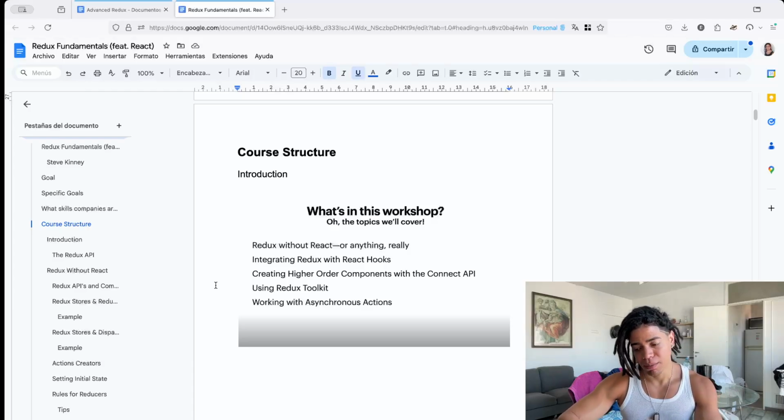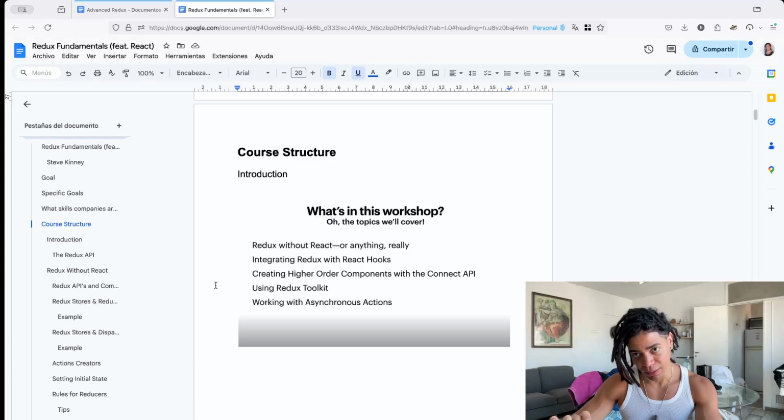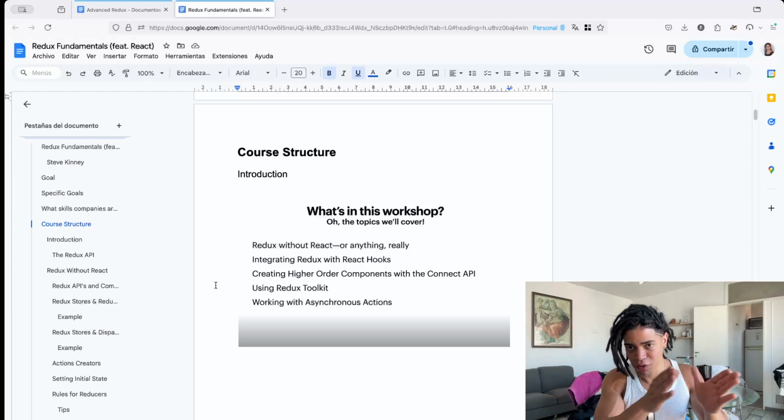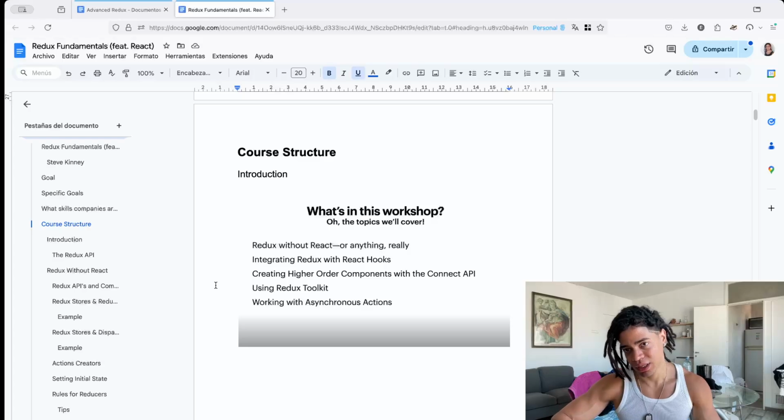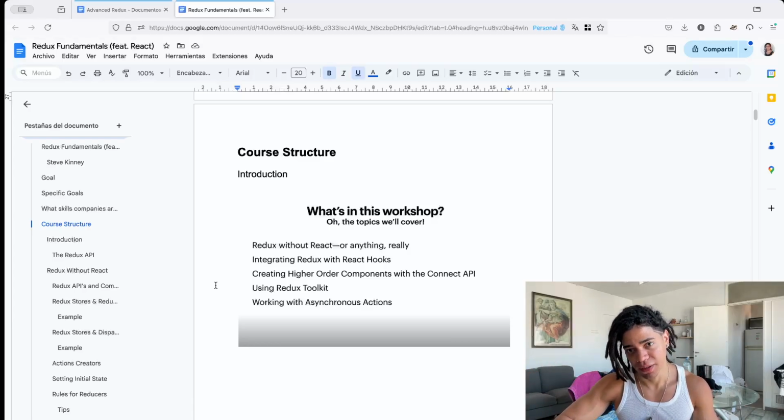And also make your update logic easy to follow, easy to read, and easy to understand, by applying some of these functional programming concepts, such as purity, immutability, currying, partial applications, as well as monads, just to mention the most relevant for this tool, right?